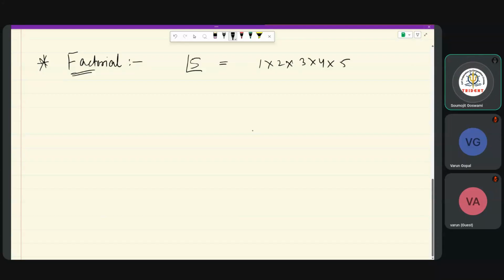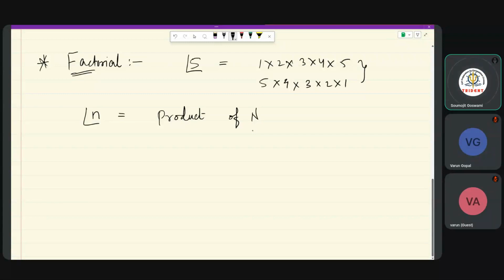Generally, what we do in mathematics, we'll write it like this: 5 4 3 2 1. Now how do we put this into words? For n factorial, this is nothing but the product of numbers 1 to n.